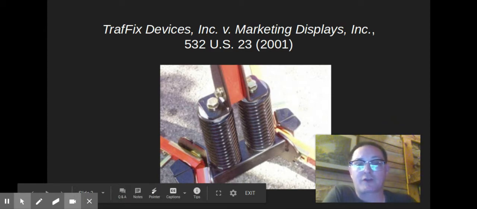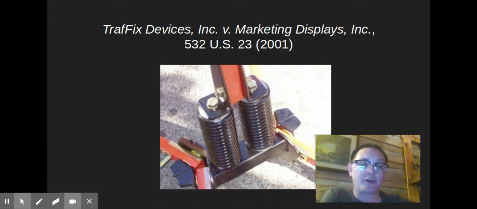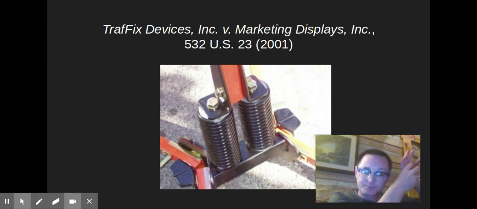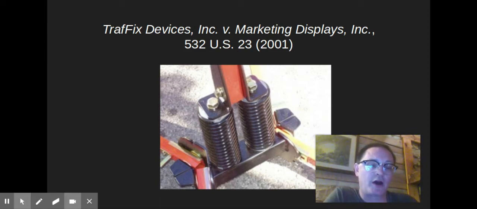So in Trafix Devices v. MDI, what happened here? Well, both Trafix Devices and MDI are companies that make road signs, right? So they're creating signs to be used on the side of the road to indicate various kinds of traffic situations. And Marketing Displays Incorporated, MDI, benefited from a set of utility patents, right?